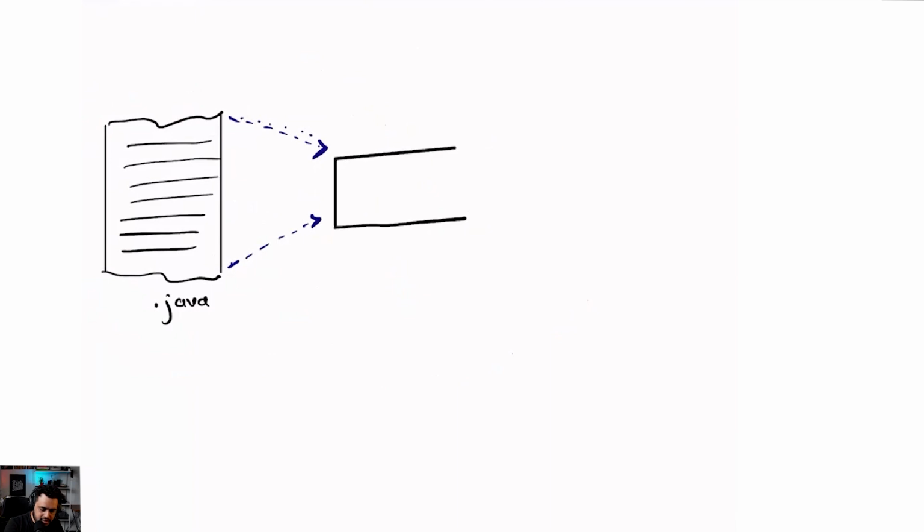Say this is the compiler. Understood? Now, in Java, actually, there is something known as javac.